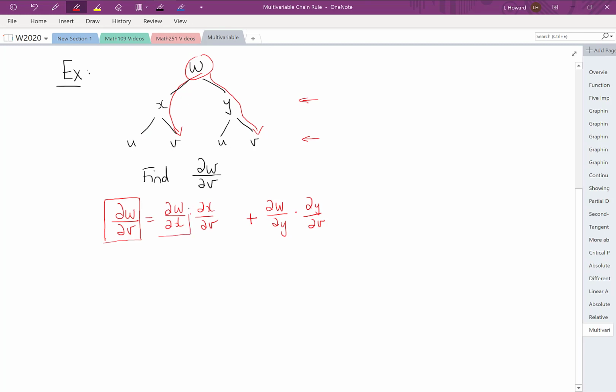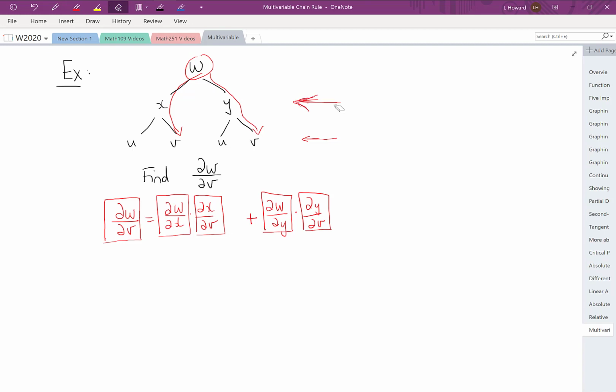We had partial derivatives here because in that second level, w was a function of both x and y, and then we had partial derivatives on those two expressions there because the x and the y in turn depend on a couple of different variables, u and v. We're going to roll through a few different scenarios, and we'll see that sometimes it's regular derivatives you're writing down, sometimes it's partial derivatives.